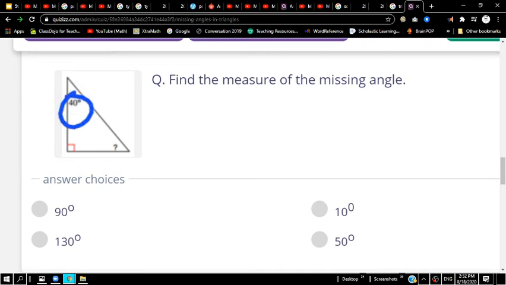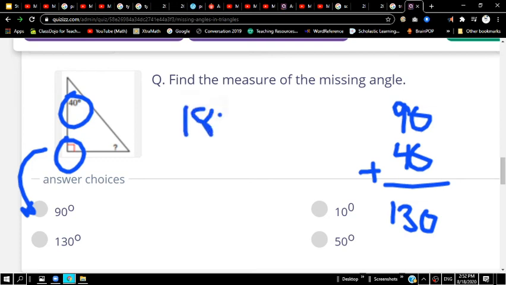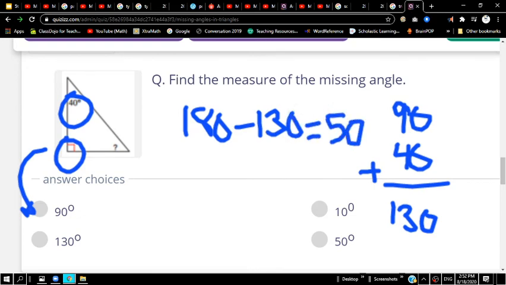If we know this is 40, and we know this square equals 90, we can take 90 plus 40, which equals 130, and we can take 180 minus 130, and that's going to give us 50. So the angle measurement right there is going to give us 50 degrees. There's your answer right there.